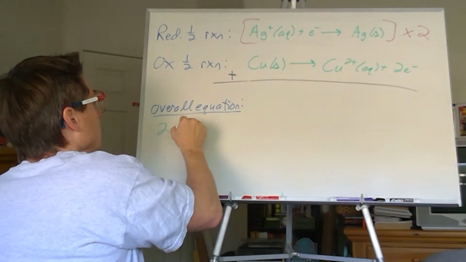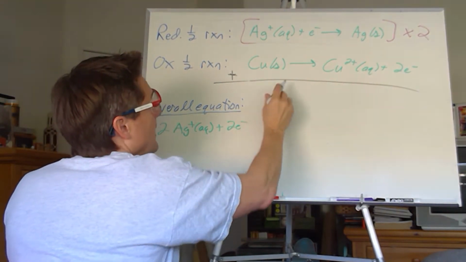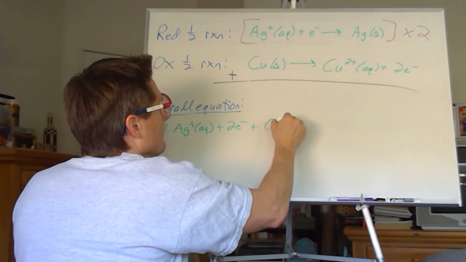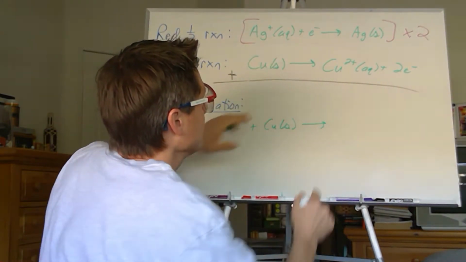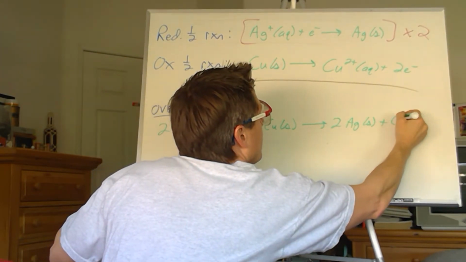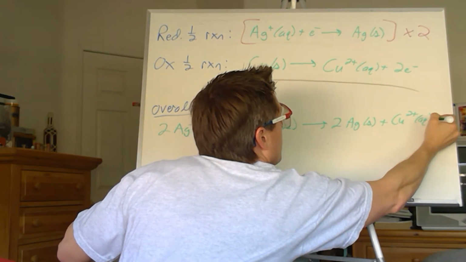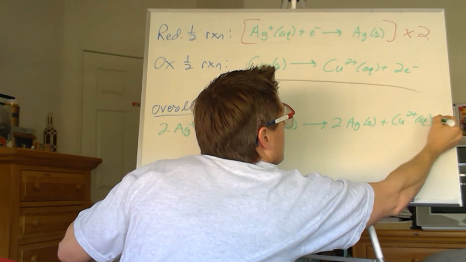So I'm going to get 2 silver ions plus 2 electrons. Let's add the copper, so everything on the left-hand side. On the right-hand side, I'm going to have 2 silver plus copper 2+ ions plus 2 electrons.